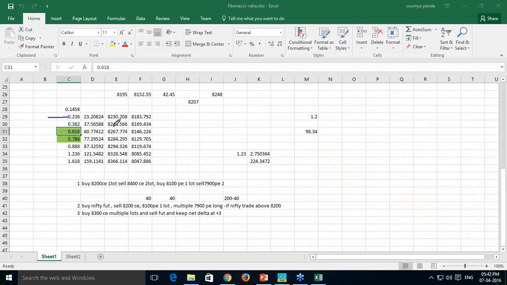From here, the maximum possibility of a trend reversal is there. That's why it is known as a death zone. Once it crosses that 0.786 retracement zone, it enters an expansion zone of 0.888. Post expansion zone, there is a growth zone, which is 1.236 to 1.618.